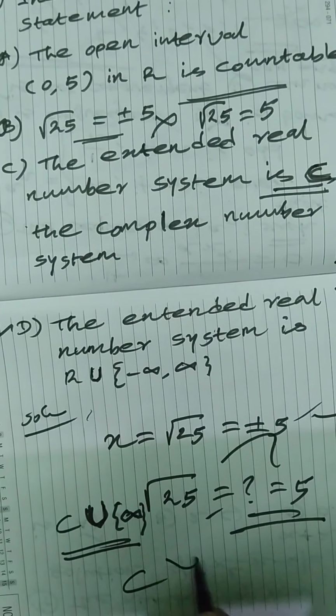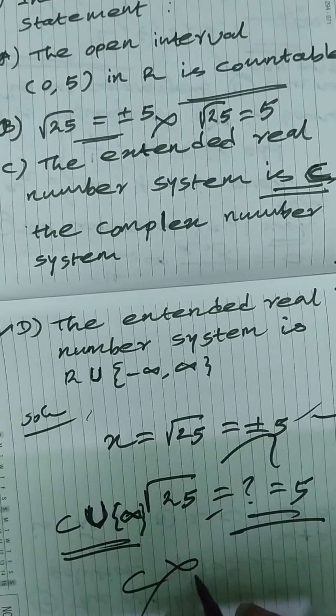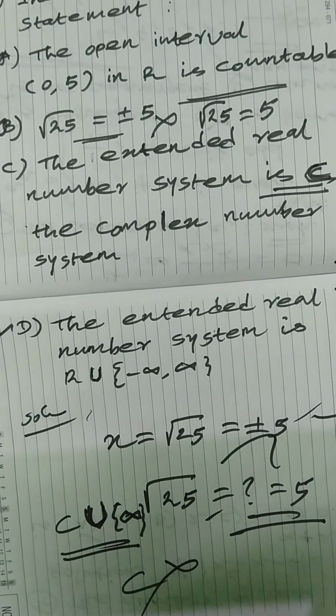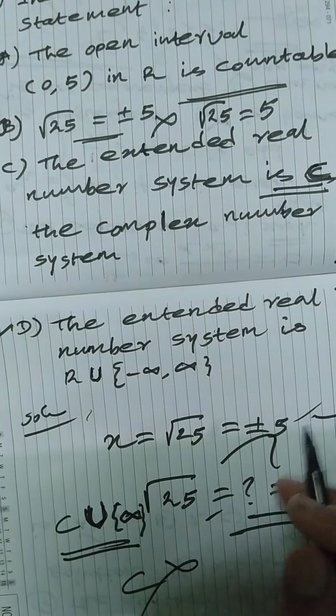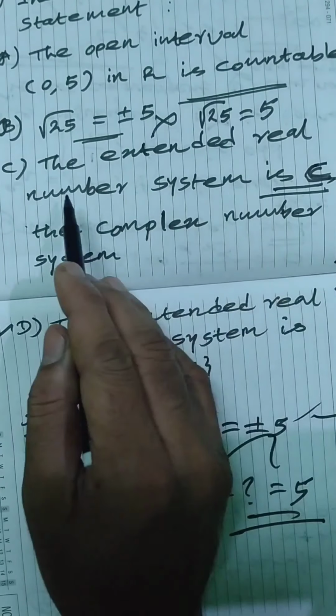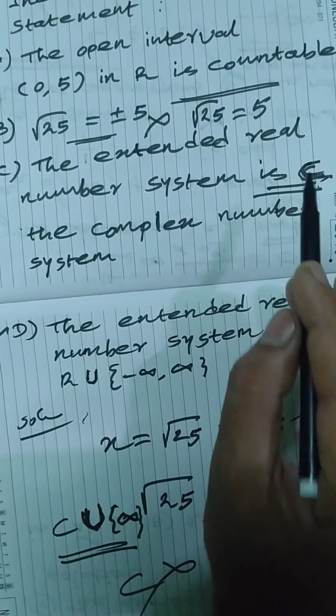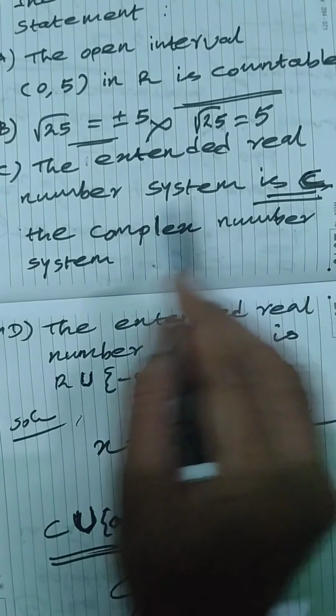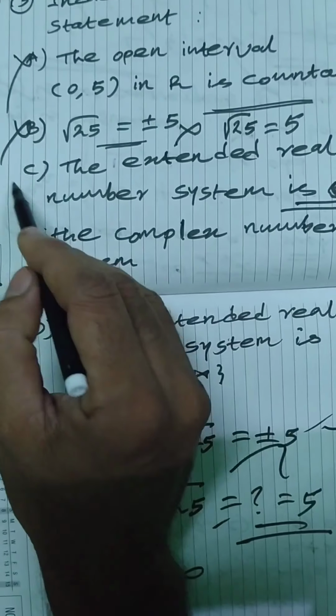But C is not. Extended ல இந்த இன்ஃபினிட்டி வரும் ஆக்சுவலாக. எல்லா நம்பர் சிஸ்டத்துலையுமே எக்ஸ்டெண்டடில் மட்டும்தான் நம்மளுக்கு இன்ஃபினிட்டி வரும். But here the extended real number system is C, only C மட்டும் கொடுத்துருக்காங்க, பட் அந்த இன்ஃபினிட்டியை நம்மளுக்கு அவங்க மென்ஷன் பண்ணல. So this statement is wrong.